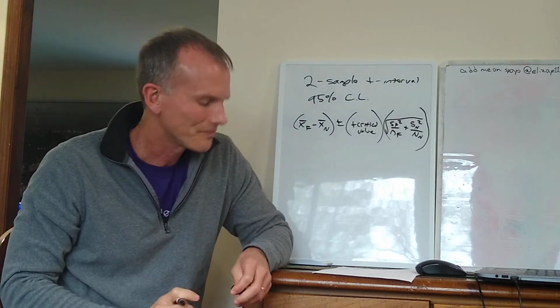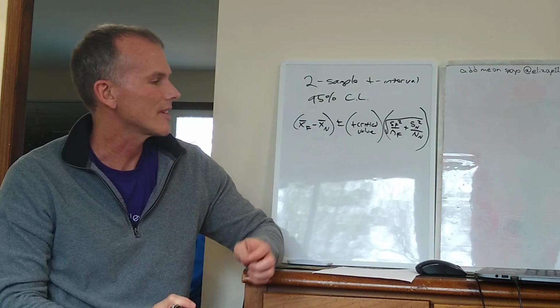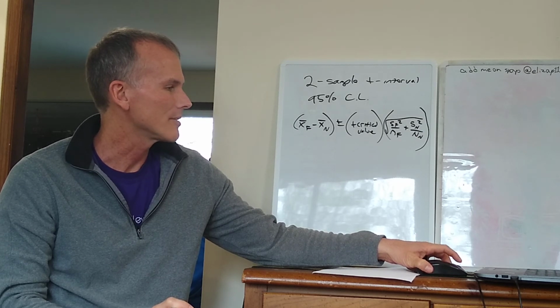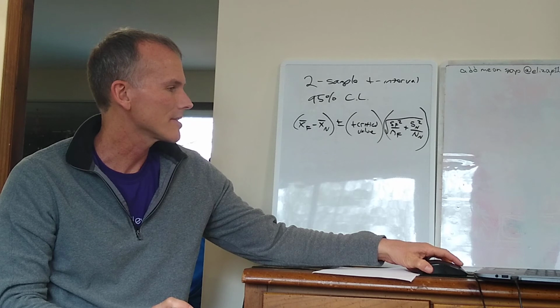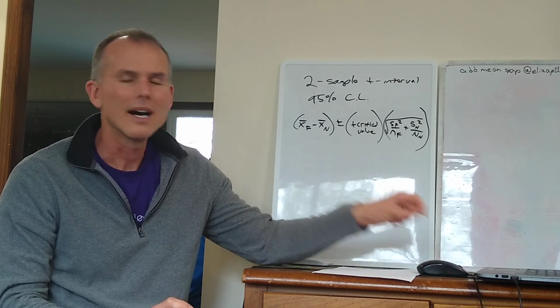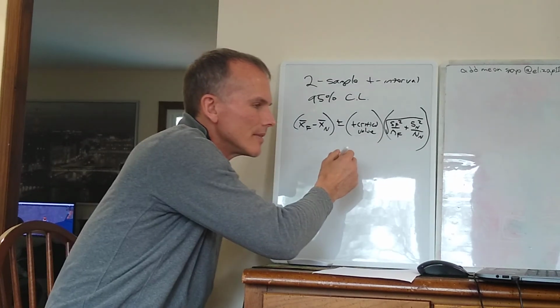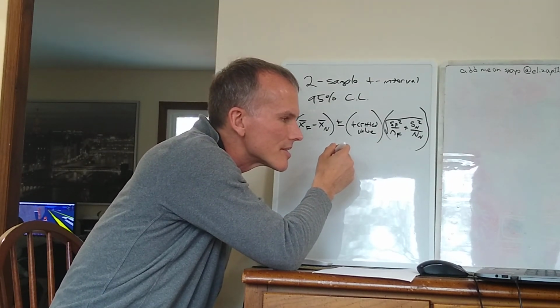Now, I'm sure that everybody's doing this on a calculator, so I'm going to go ahead and put the values up here. Now, if you want to do this on your calculator, go to a 2-sample t interval.